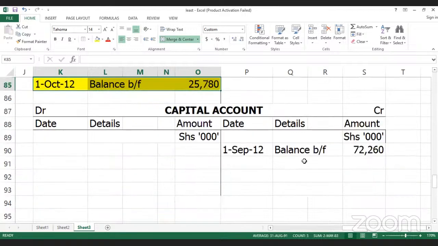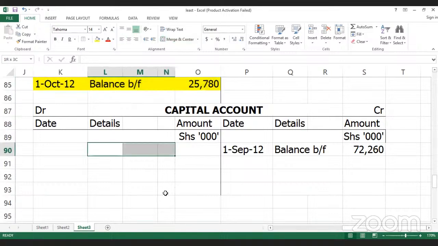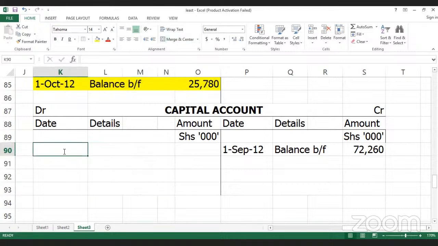That is the capital account. Let's also balance off the capital account. Because you see the credit side is greater, so meaning that your balancing figure is going to be on the debit. That is 30th September 2012.